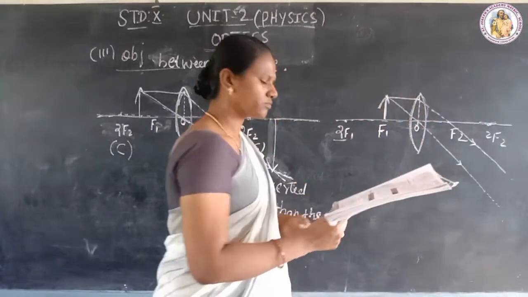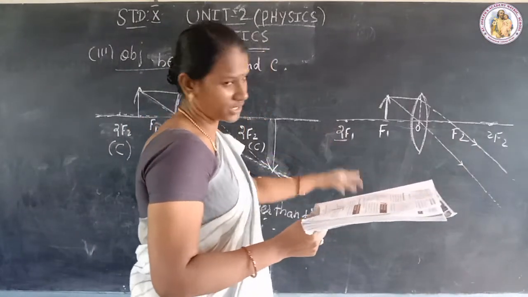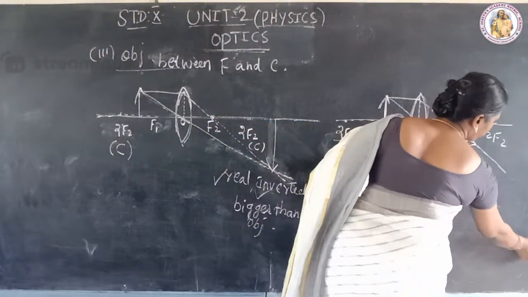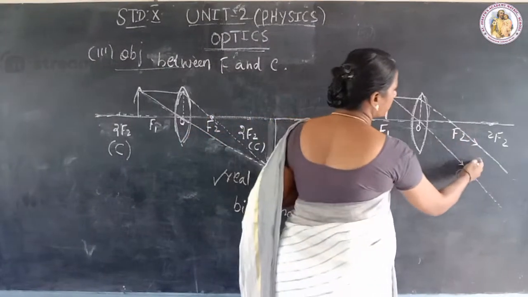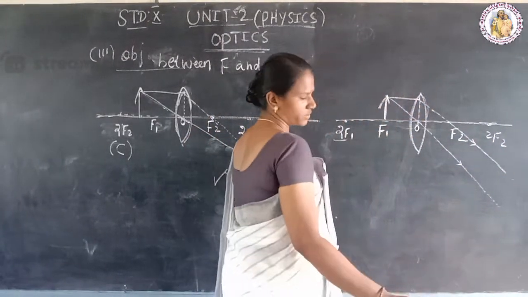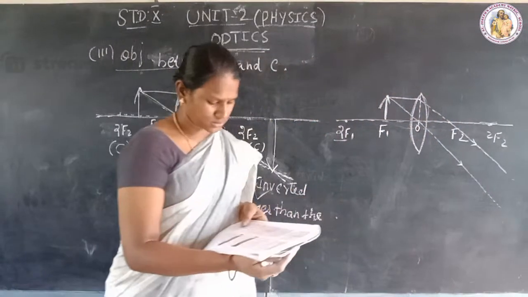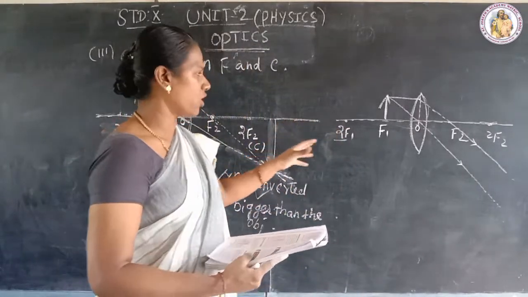So listen. When an object is placed at the focus, a real image is formed at infinity. A real image is formed, but at infinity, behind 2F. So the size of the image is much larger than that of the object.